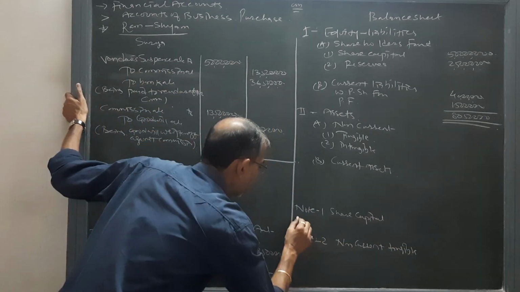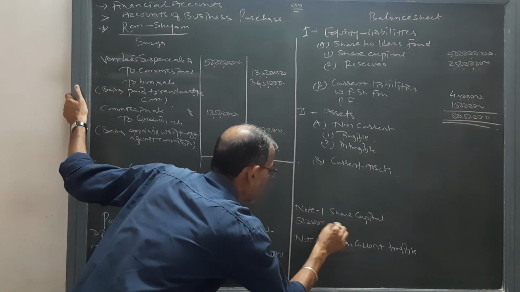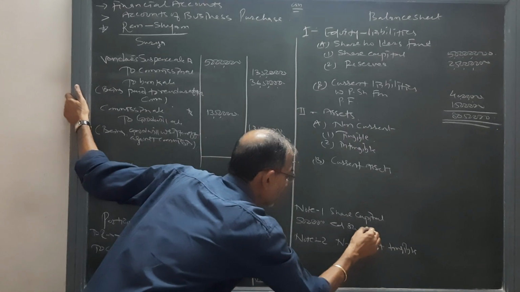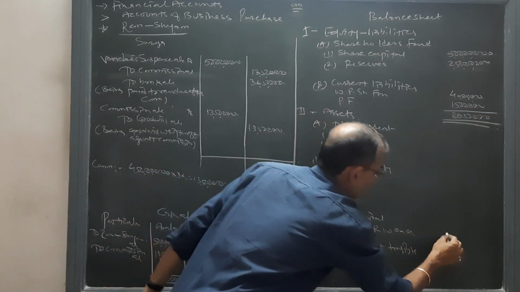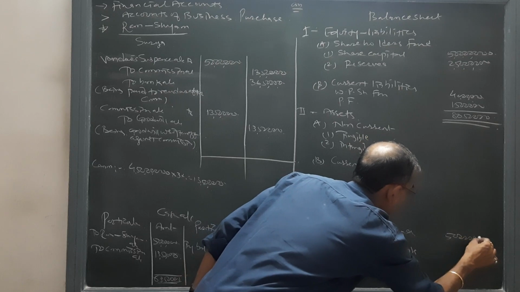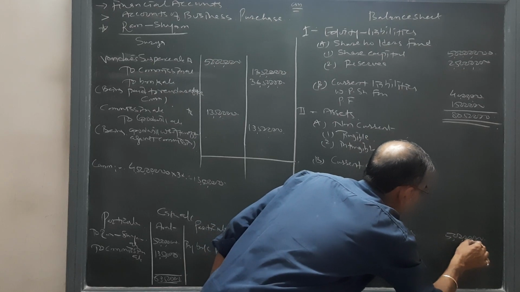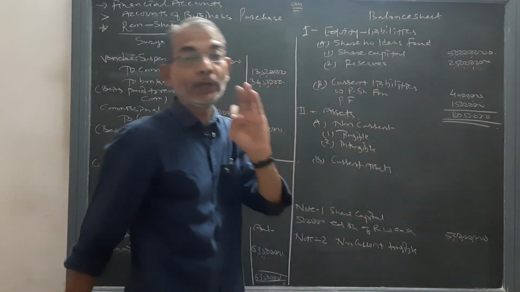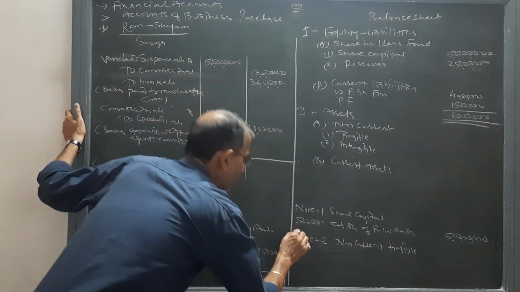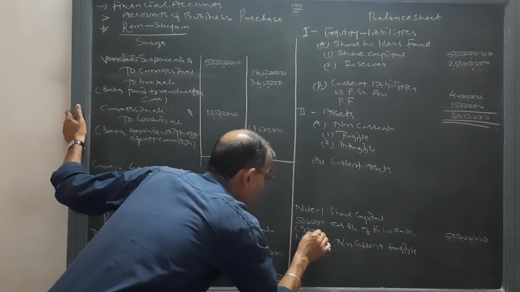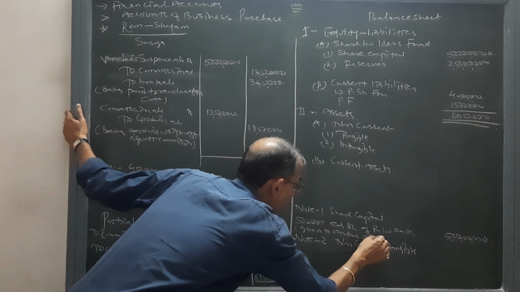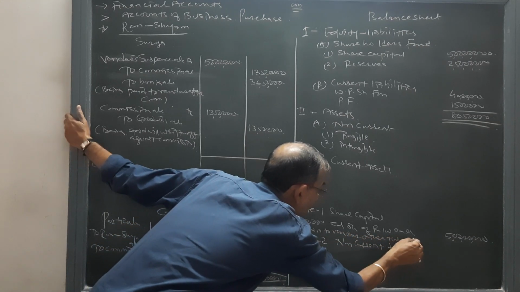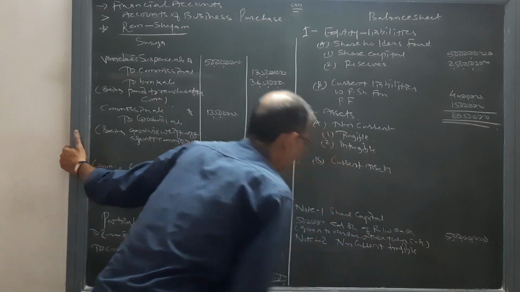Share capital, that was 5 lakh equity shares of rupees 100 each, ₹5 crore, that is to be written in the notes, given to vendor other than cash.